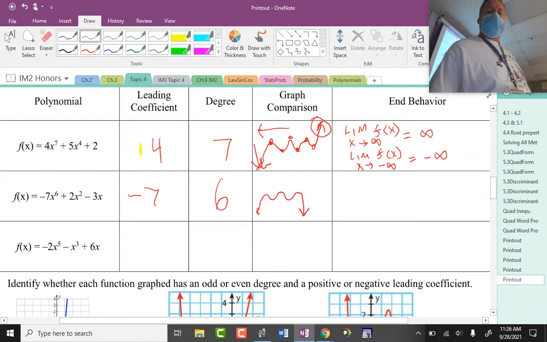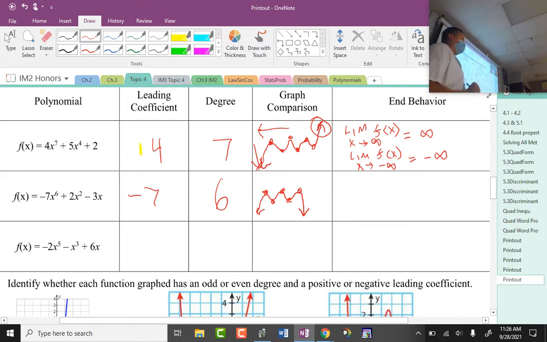I think I did 5 turns there. 1, 2, 3, 4, 5. Maximum amount of extrema would be 5. It could be less than that. But it's definitely going to end down and down because you have a negative leading coefficient on an even degree.